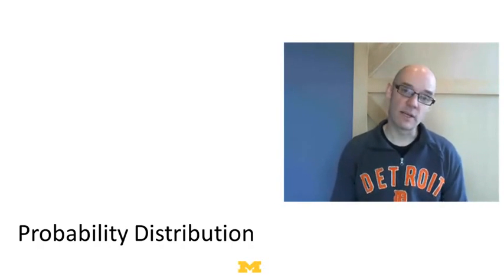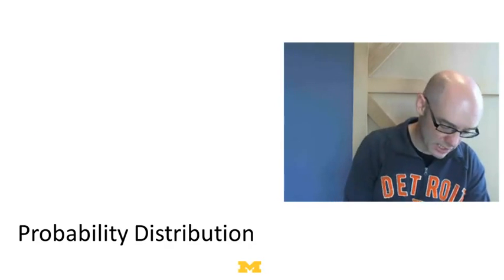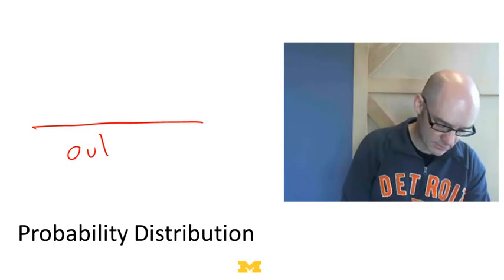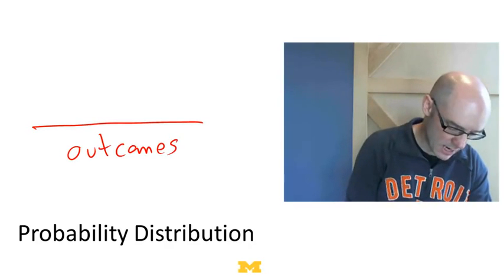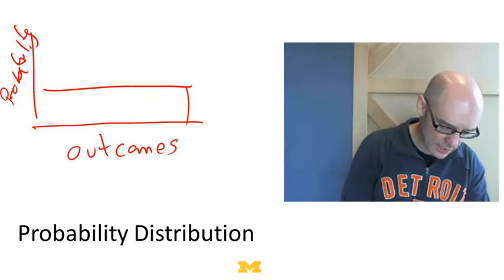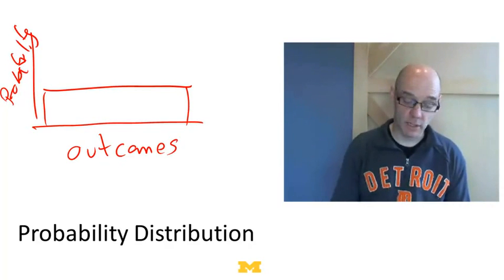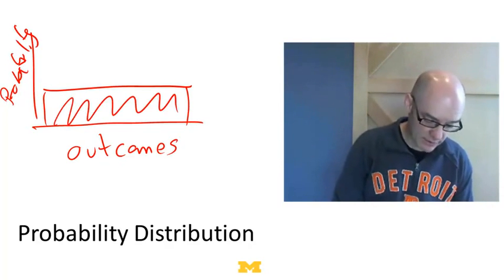Now, to get us started, we've got to start up again by talking about a probability distribution. Remember we said, here's our set of possible outcomes along here, and here's the probability that they occur. And if they're all equally likely, like they just were in the example we saw of the path-dependent process, then you're going to get a distribution that looks like this.